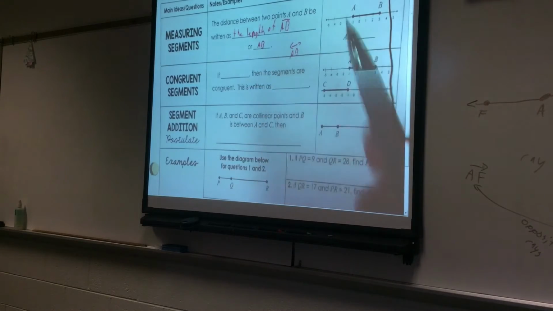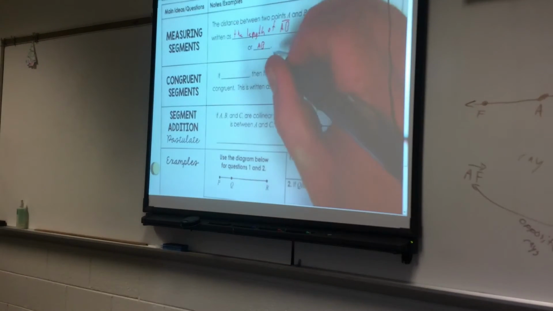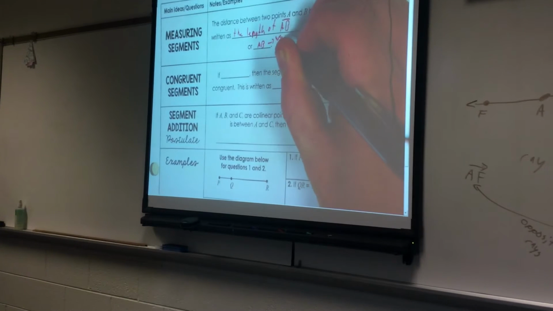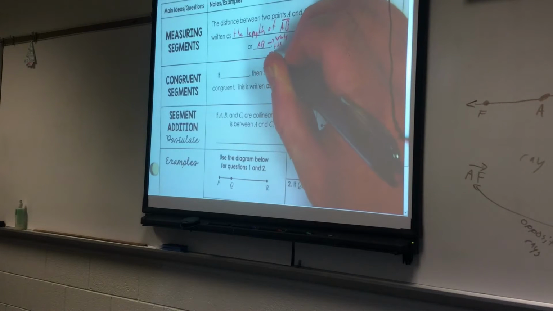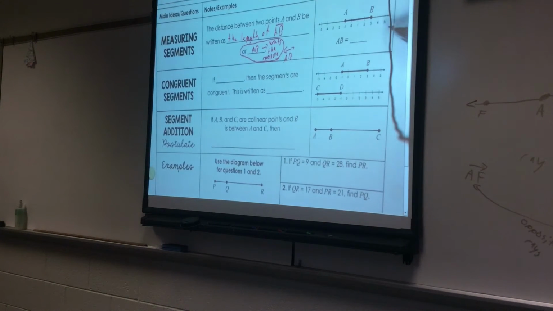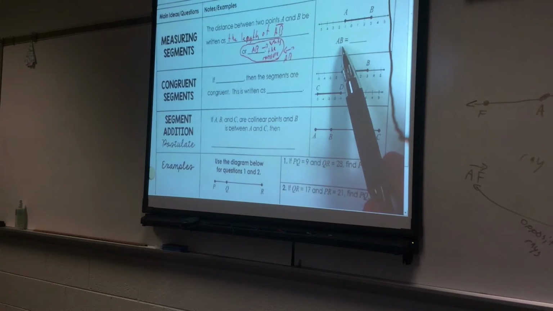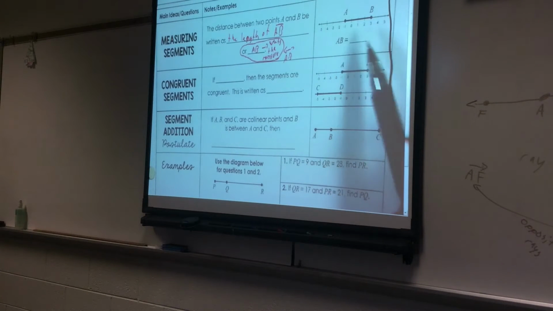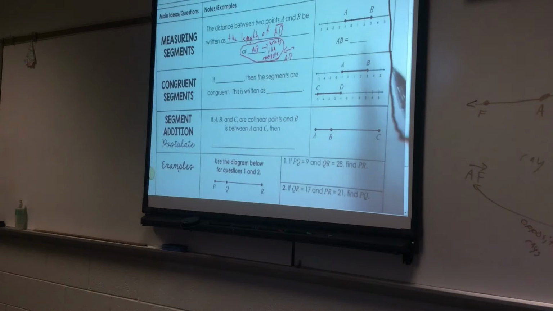So anytime there is no line over top, it wants the measure of that. And so that's why in this little graph over here on the right, this AB is just AB, there's no line on top or anything. So that's saying how far it is between that.